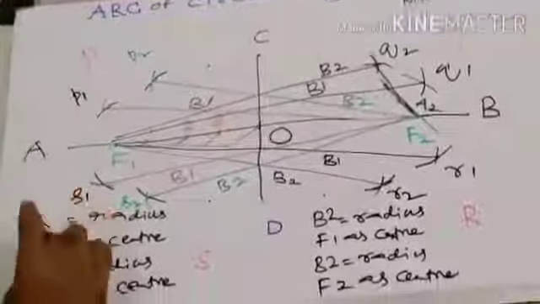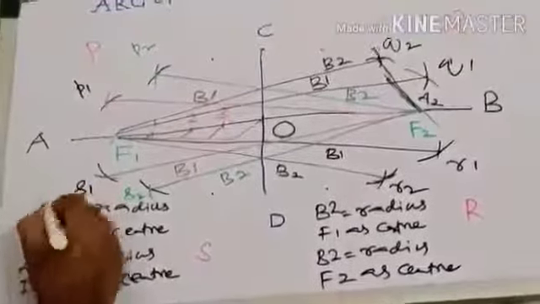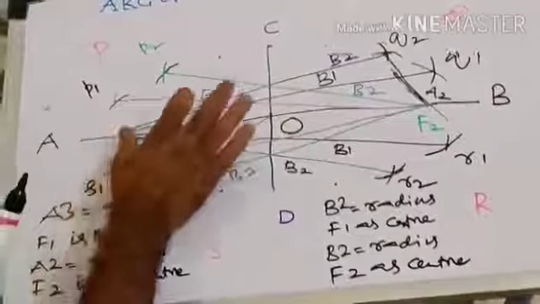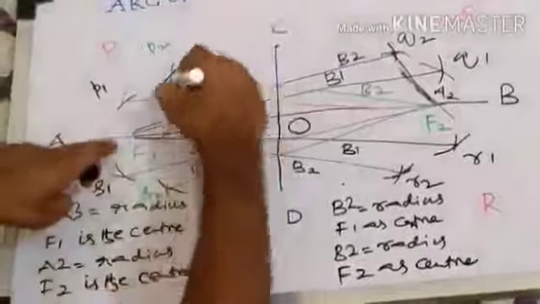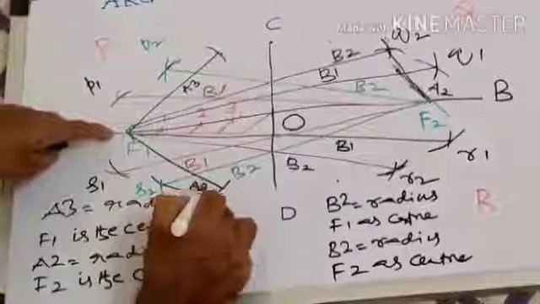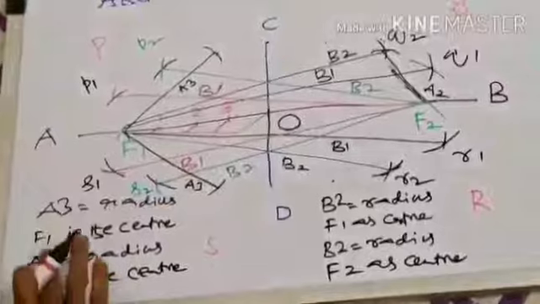So next procedure, A3 is going to be the radius, F1 is the center. This is A3 radius, again A3 radius, F1 as a center.